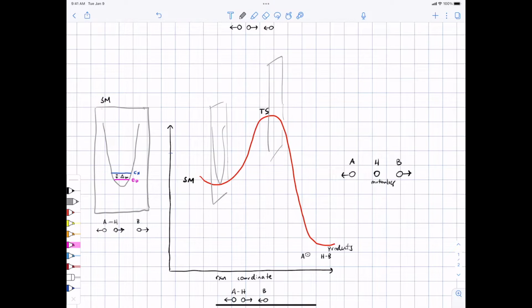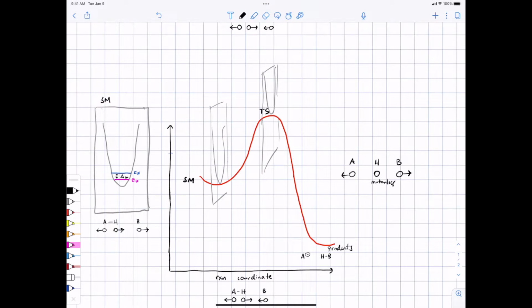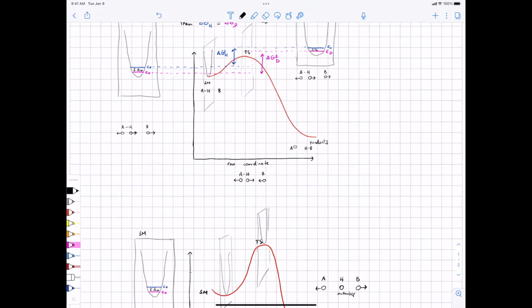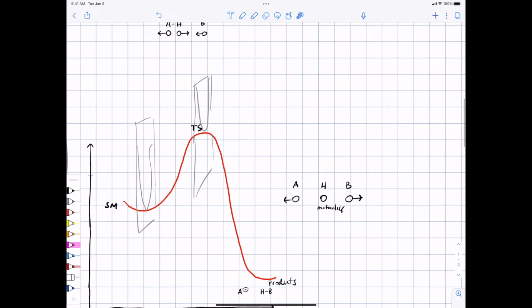Okay, well, if the hydrogen isn't even moving in this vibrational mode in the transition state, then the mass of hydrogen versus deuterium shouldn't matter, right? The only reason why the mass of hydrogen versus deuterium matters is if the vibration involves hydrogen.